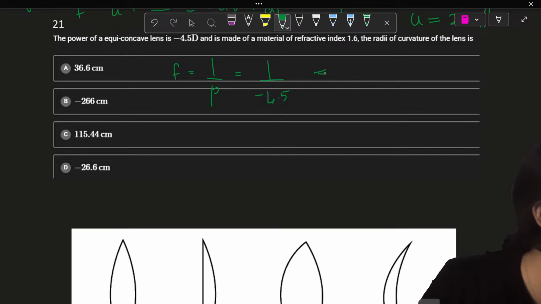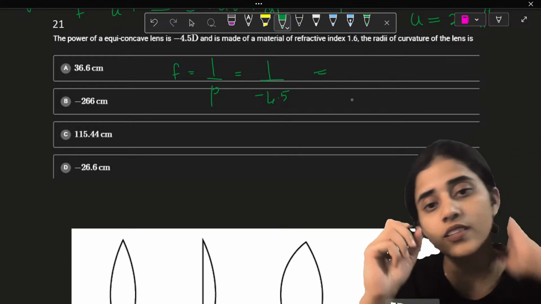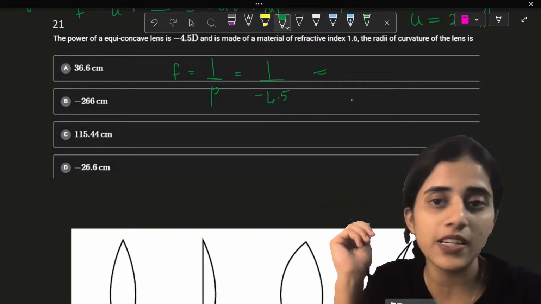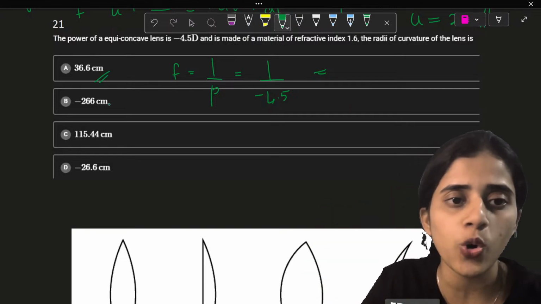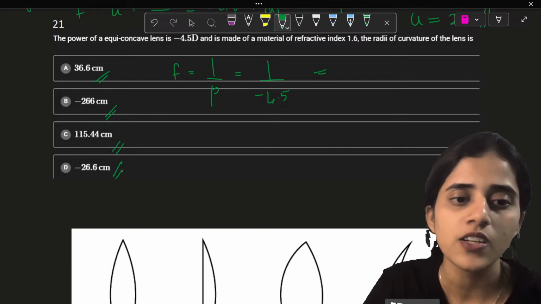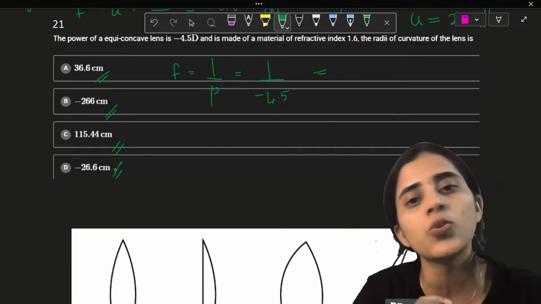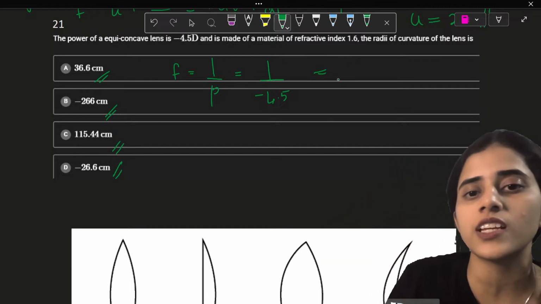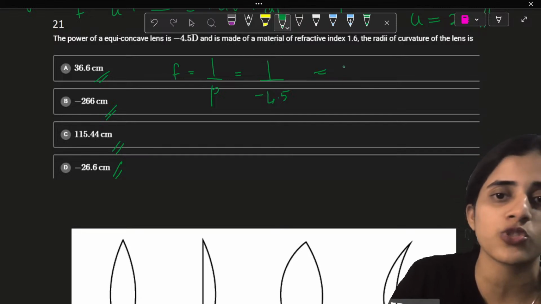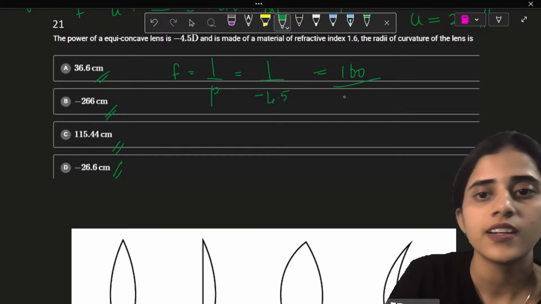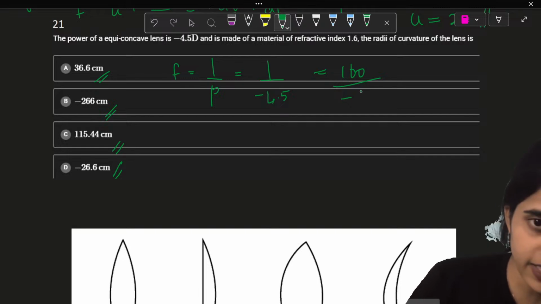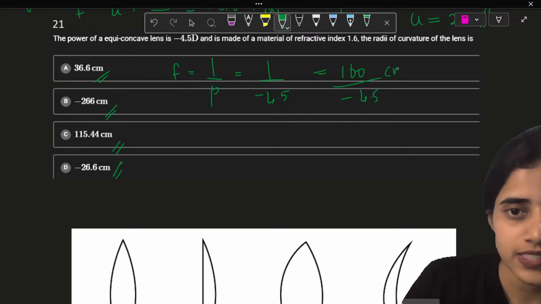1 by minus 4.5 is how much? Here one thing that you should be careful about: diopter is similar to meters, but look at all the options. All the options are in centimeters. So if you do the whole thing in meters, you will not get it. So let's convert it into centimeters. Minus 4.5 meters to centimeters, I'll put 100 here. 100 divided by minus 4.5 centimeters.